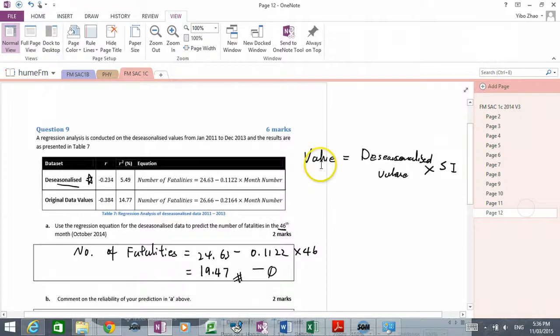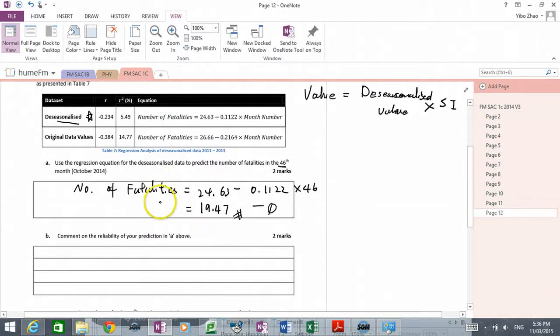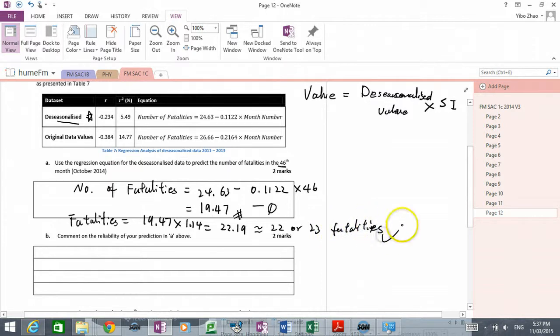So in question 12, you have 1 mark. The real fatality is going to be 19.47 times 1.14. Type in your calculator, we should have 22.19. Round it up to 22, or you can do 23 fatalities.